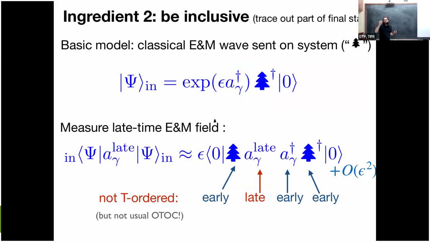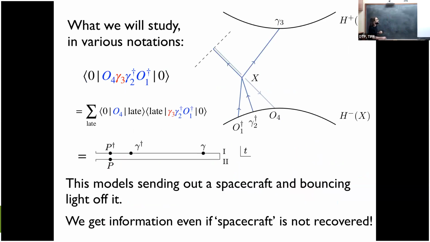If you want something like the photon number, not just the photon amplitude, it should be a more complicated higher point function. So this is measuring the interference between the reflected light and the light that it did not send. So it's kind of an interference measurement. But this is just for technical simplicity, to study a 4-point function as opposed to higher point functions.